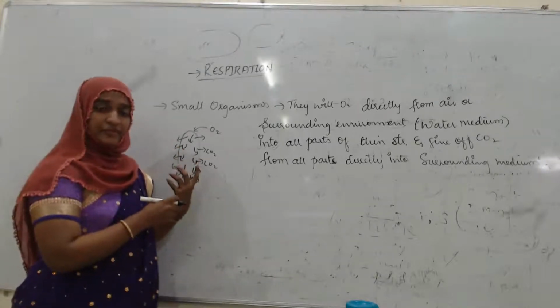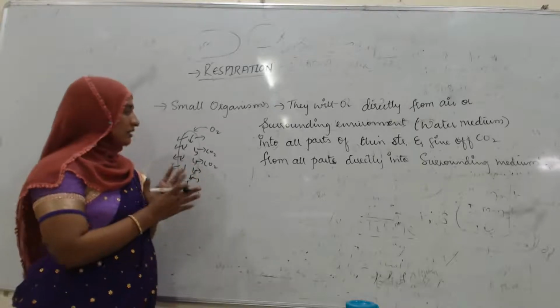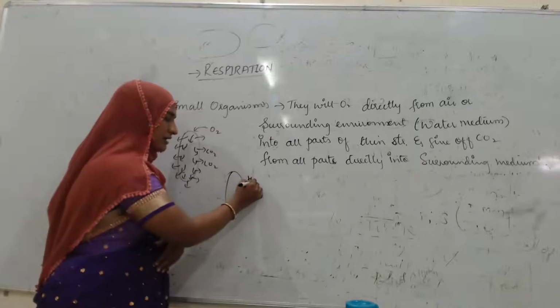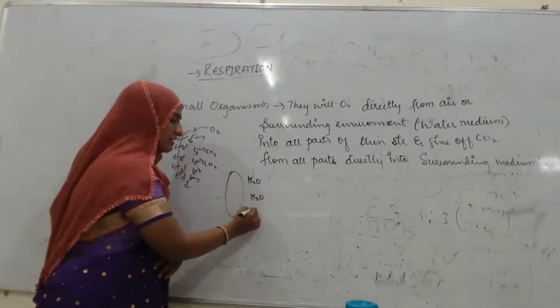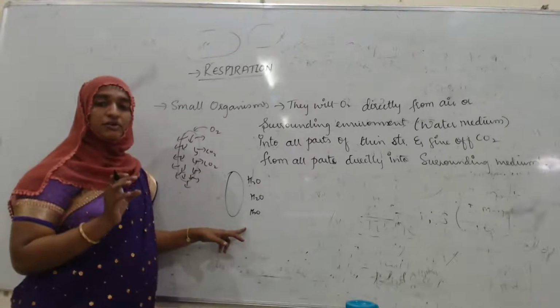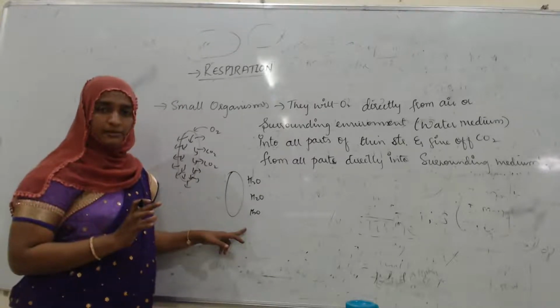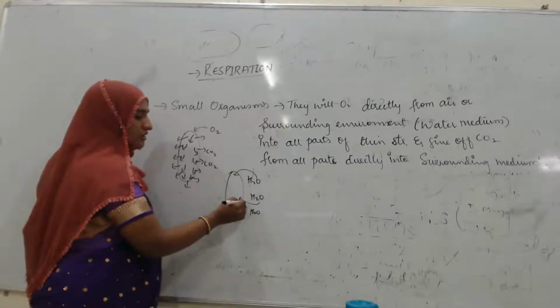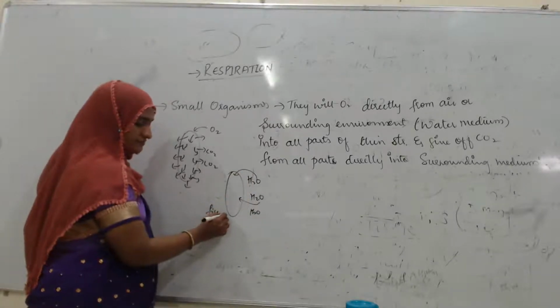If it is an aquatic animal, also in this way only. This is the aquatic animal, and in the water there is a presence of oxygen. Oxygen is not free, it is in dissolved form. So that oxygen is inhaled, or for example you take small fishes.